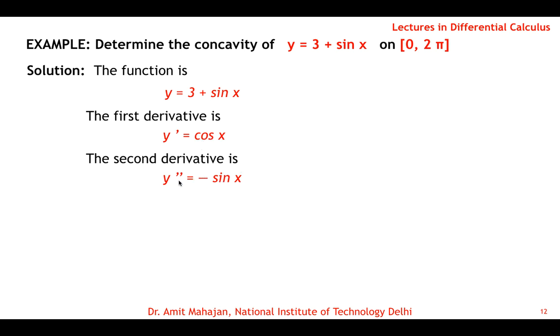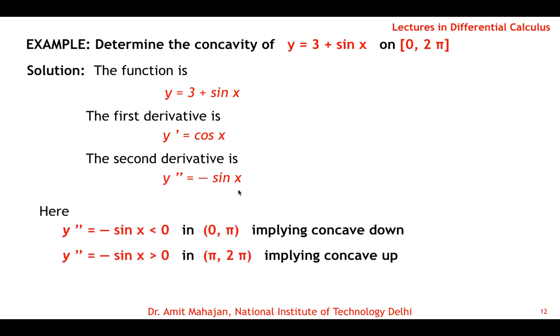Okay, so now you can check on this interval where the second derivative is negative and where it is positive. Okay, so you can see that for all x in 0 to π, the second derivative is negative. That means in 0 to π the function is concave down, and in π to 2π the second derivative becomes positive, because sine for all theta in this range is negative, so it becomes positive. And so the function 3 plus sin x will be concave up in π to 2π.